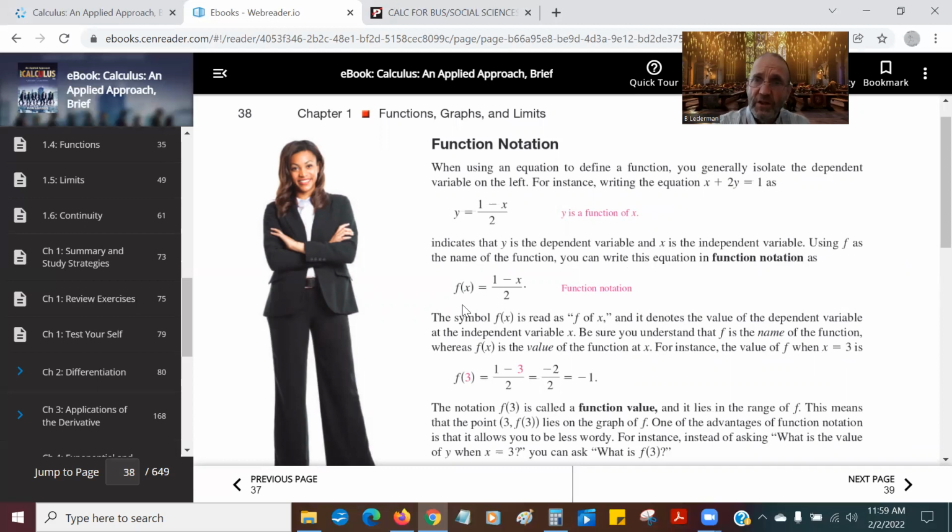So for function notation, you solve for y if possible, which is not always possible, and then you just replace y with f of x. y and f of x are basically interchangeable. And now, once it's in that notation, I can plug in x equals 3. So f of 3 is 1 minus 3 over 2, which is -1. And that's the function value.